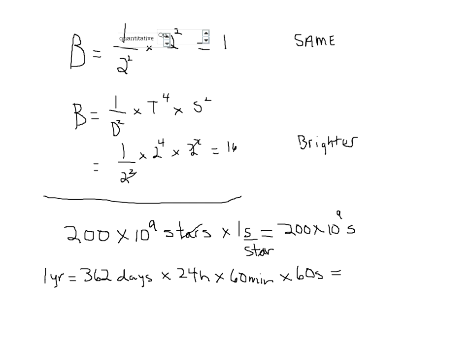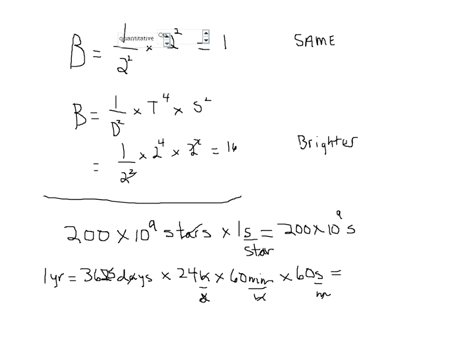That'll give us how many seconds there are. This is hours per day, minutes per hour, and seconds per minute. So my hours cancel, my days cancel, my minutes cancel, I'm just left with seconds, okay? So all you've got to do is calculate that up, and that's not 362, it's 365 days a year. So I messed that up, 365 days per year. Don't know what's happening with me today.